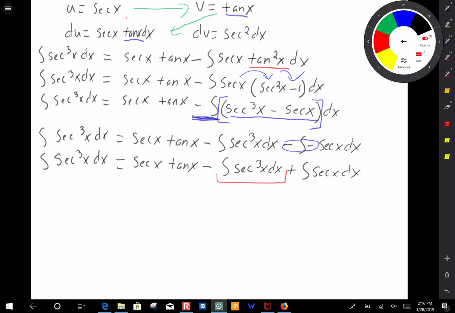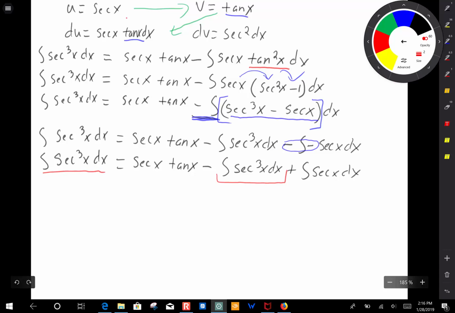I split it apart into secant squared x and secant x using integration by parts. Okay, so here I have it again. There's no need to go through this again, because if I take the integral of that again, I'm going to go through the same thing over and over. So I'm in this loop here that never ends, because that's what I'm taking the integral of, and here I have it again.